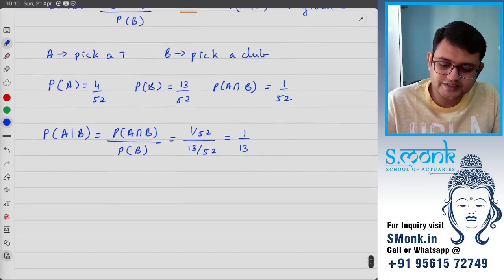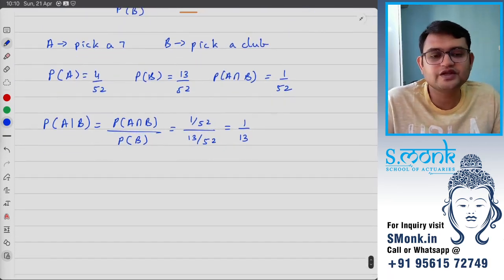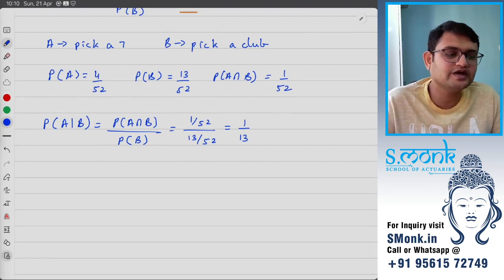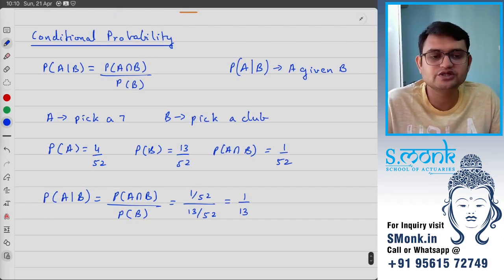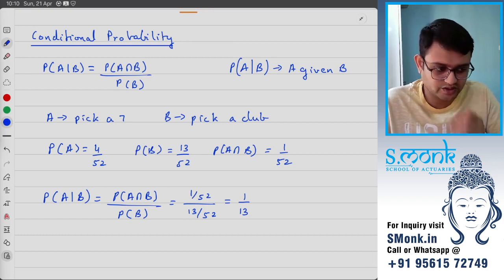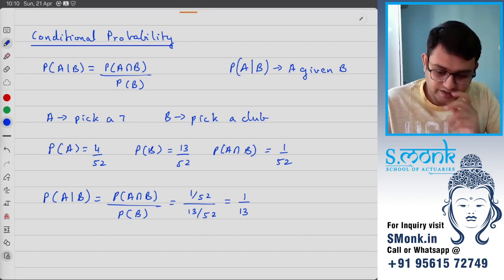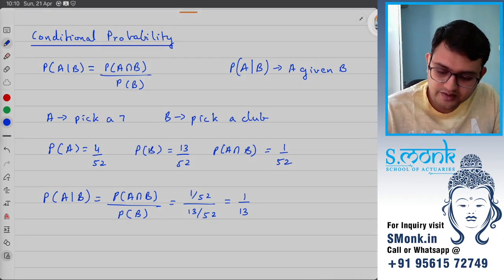So when there is given information and we are finding the probability of something else, we use conditional probability.